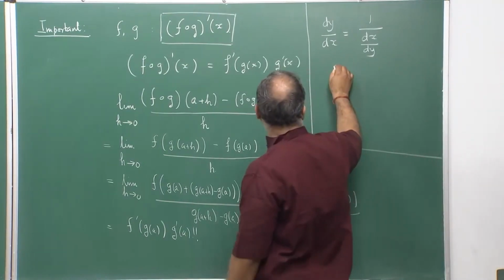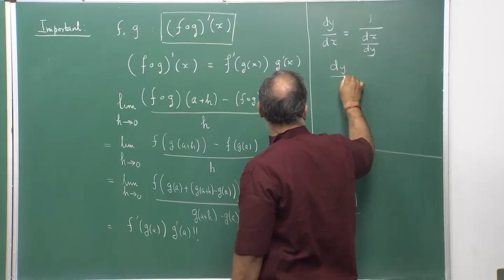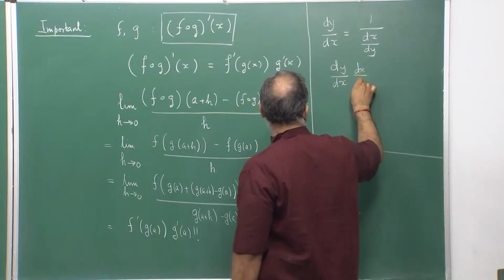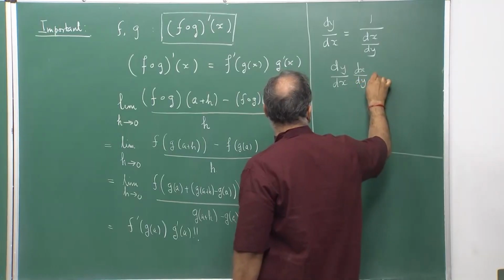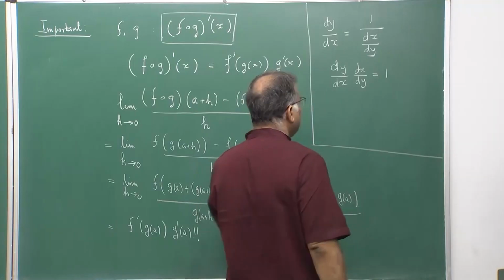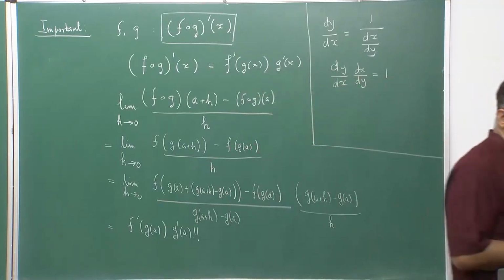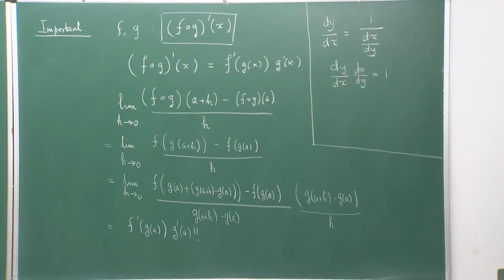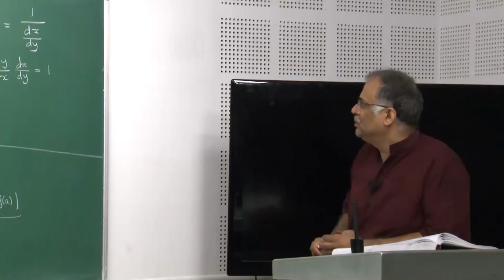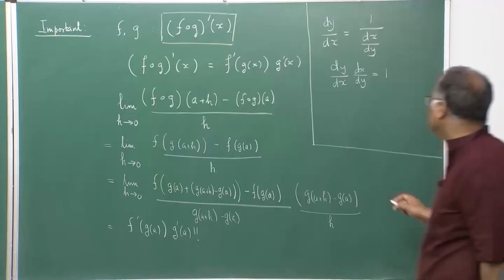So it simply means that dy dx into dx dy is equal to 1. So, how do I justify this? This justification actually comes from the chain rule.